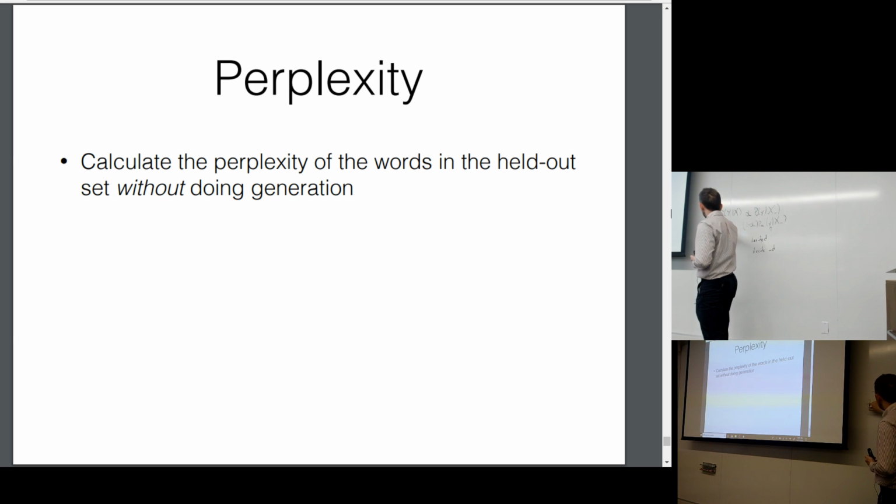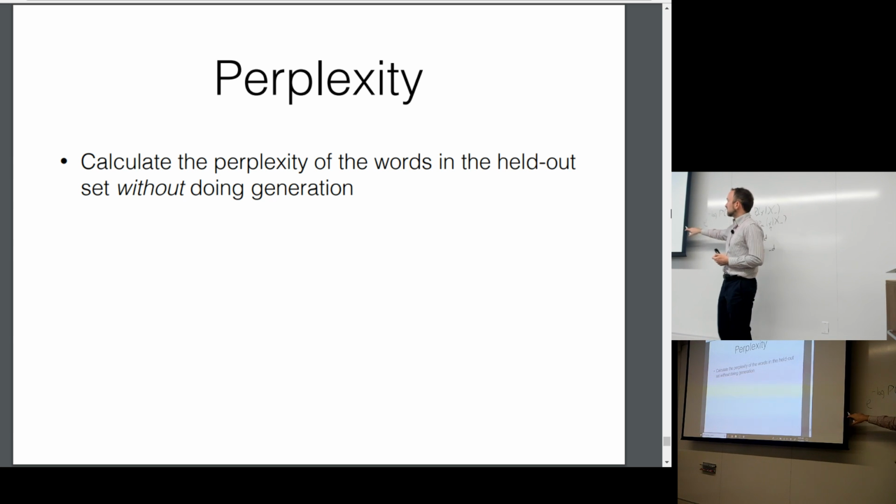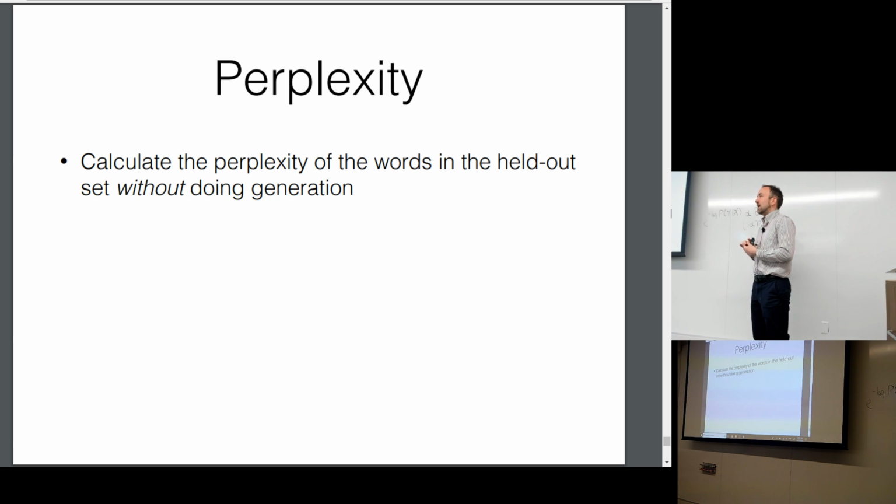And then perplexity is basically just taking the exponent of the negative log probability. This very roughly corresponds to how many times you would have to guess before you eventually got the answer right. So if your perplexity is 16, you would roughly have to guess 16 times before you got the answer correct.